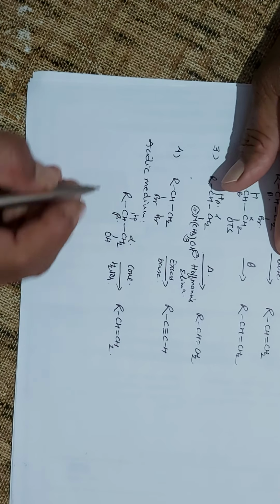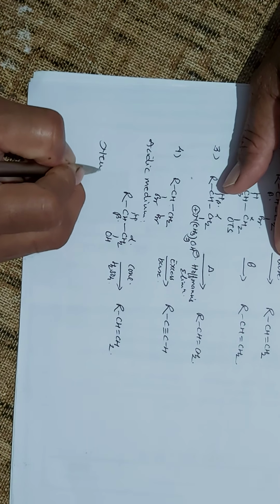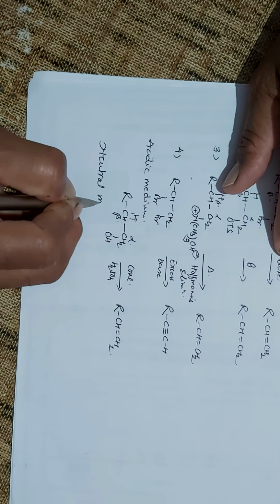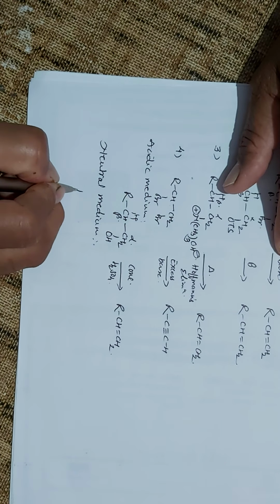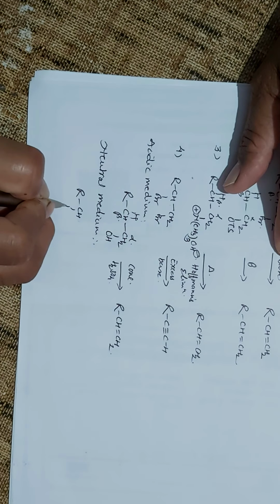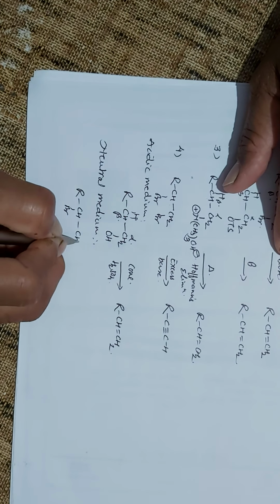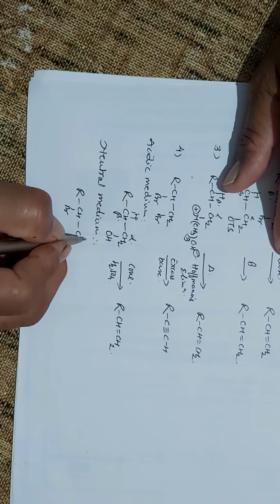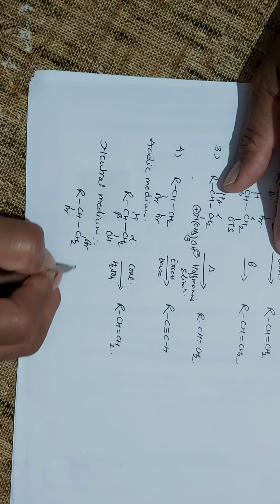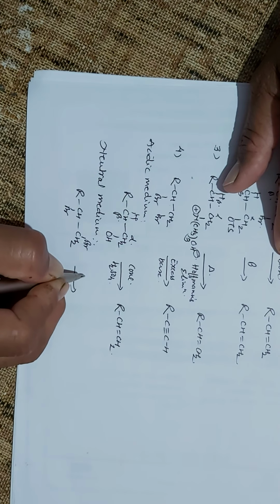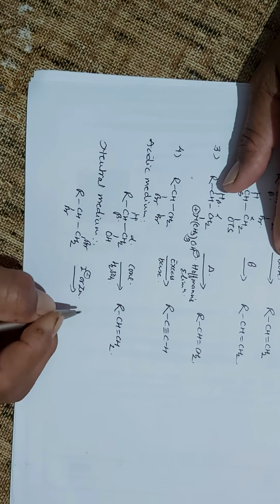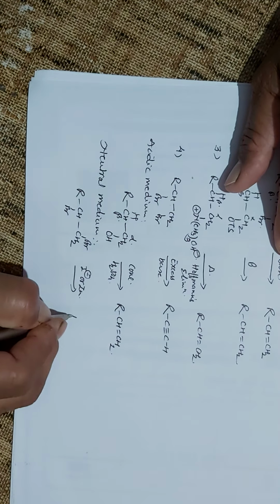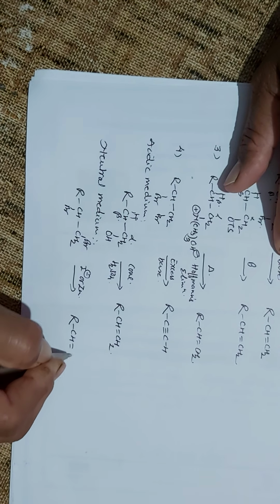In the same way, the reactions can also be carried out in neutral medium, where it is neither an acid nor a base. So here the dehalogenation reaction is carried out in the presence of I minus or zinc, that is, zinc metal is used, and the product obtained is your alkene.